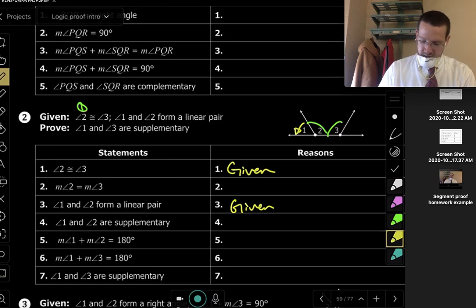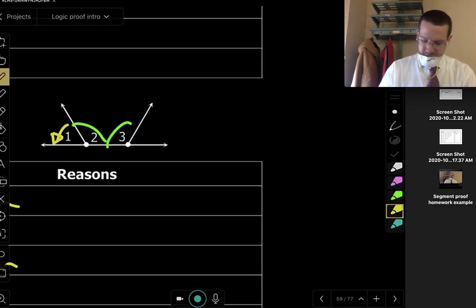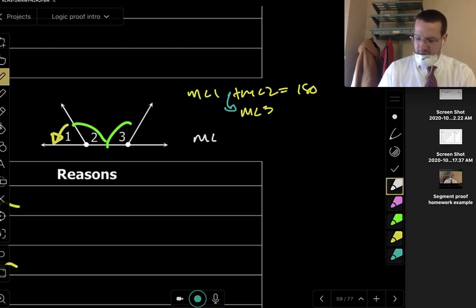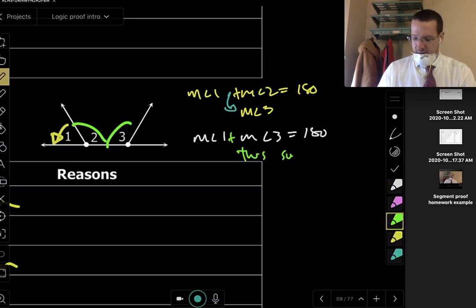Now, here is what I'm thinking. I can see this already because if the measure of angle 1 plus the measure of angle 2 is equal to 180, and angles 2 and 3 are the same, then I'm probably going to make a substitution here, and then I can say the measure of angle 1 plus the measure of angle 3 is equal to 180, and thus supplementary.